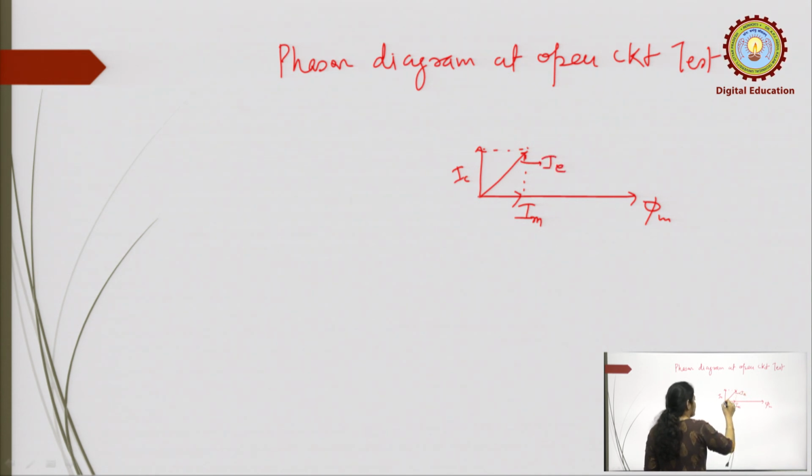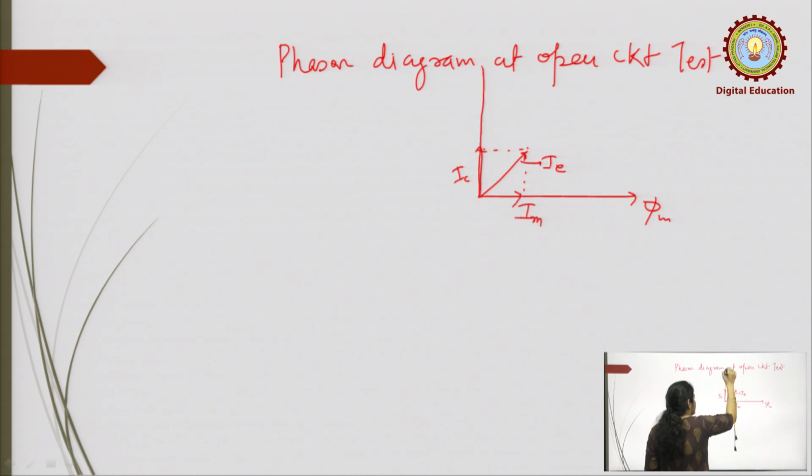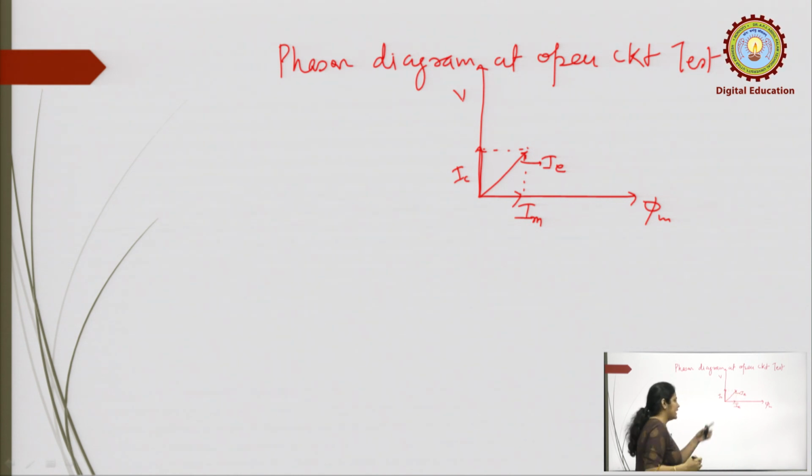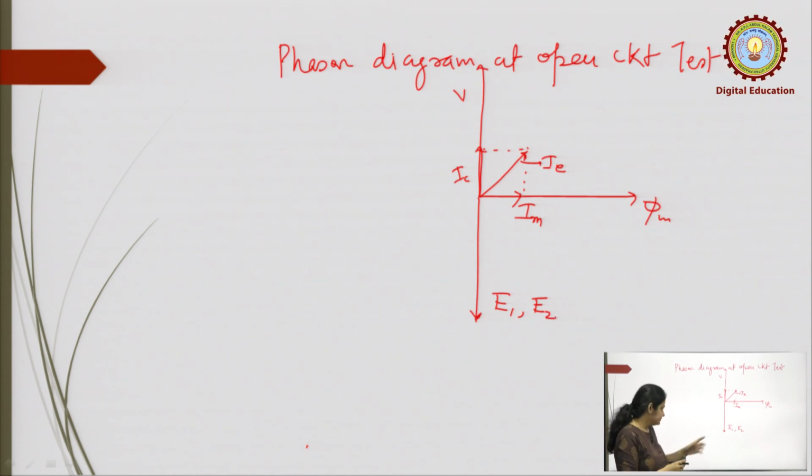And here is the rated voltage, because the voltage is always 90 degrees leading the flux, and the EMF induced by the transformer is 90 degrees lagging the flux, which we have already seen.